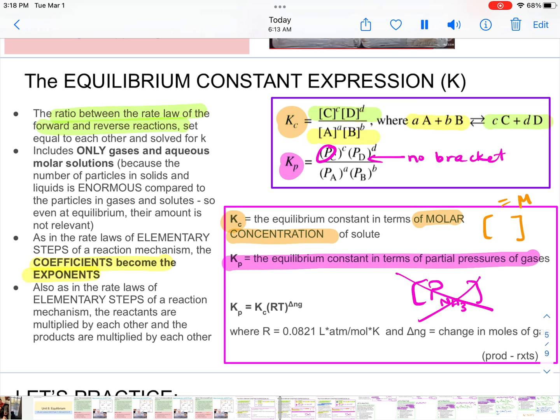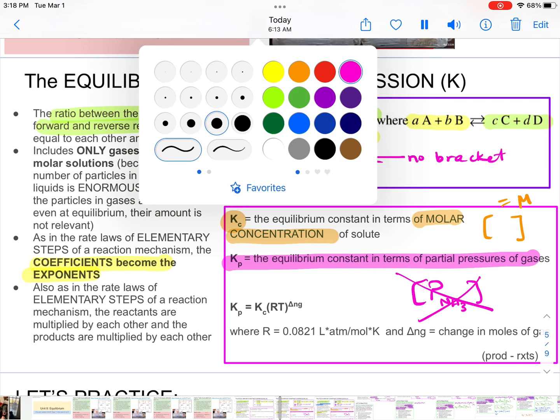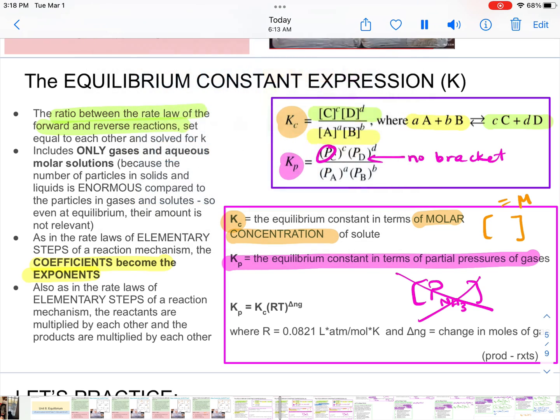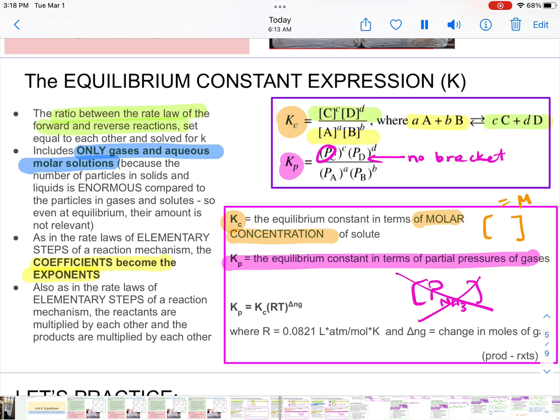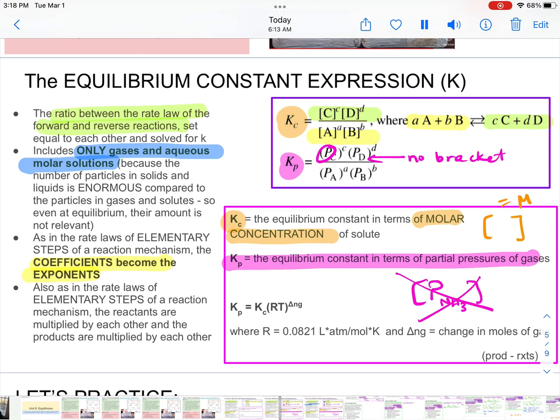There's one other thing that's really important, and that would be that the equilibrium constant expression does not include solids and liquids. It only includes gases and things that are in aqueous molar solution. Your book explains this as well, but it's because of the huge amount of solids and liquids in comparison to the pressure of a gas or the molar concentration of something.